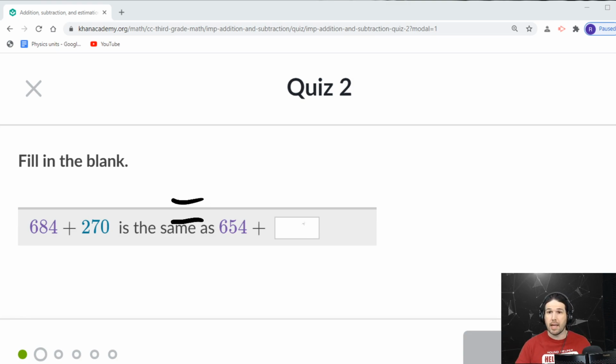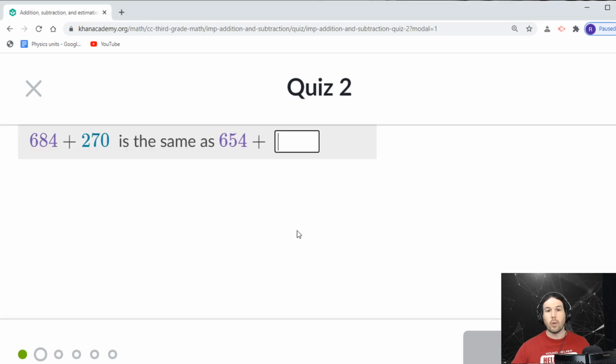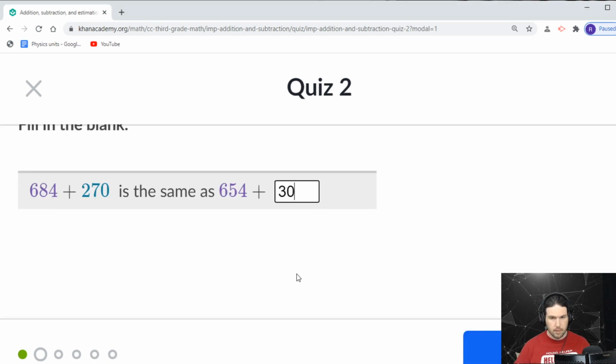And again, this blank, shh, don't tell the kids, is an X. We are doing algebra, we just don't have the vocabulary for it yet. We're looking at the patterns and we're not expecting ourselves to understand all the vocabulary right away. So we took 30 away from the 684, we give it to the 270, essentially. So it's 654 plus 300, which I think we can all agree is a much easier addition to do.